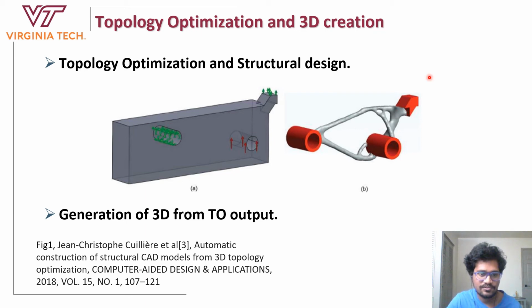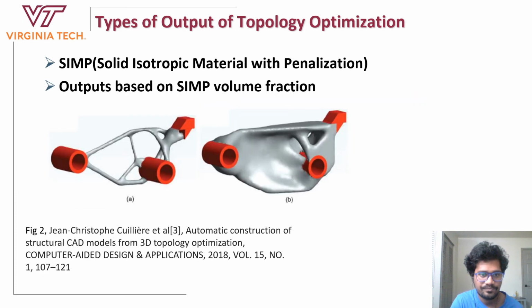The most important one is that this output is not in the form of a 3D model. Like it cannot be directly used in 3D software. So that is one major problem that the author has identified. This paper is basically the author trying to generate 3D models out of topology optimization results.